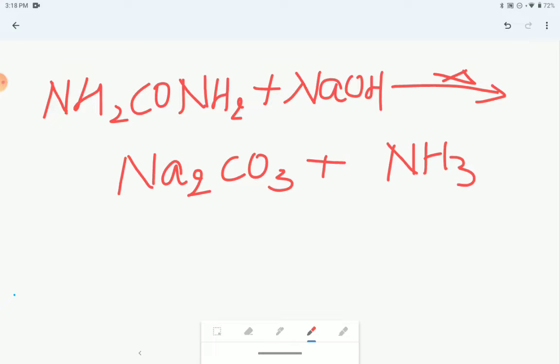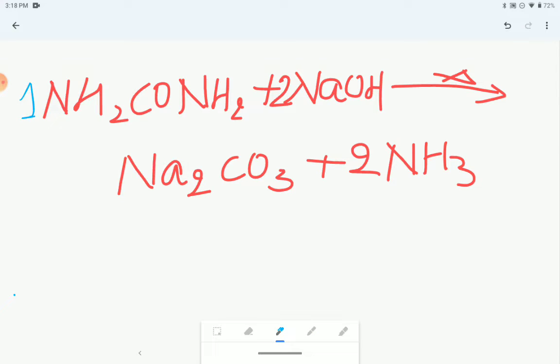Here for balancing, two nitrogens are present, so two sodiums are needed, so here two. So now it's completely balanced. This is the reaction. So let's now discuss.